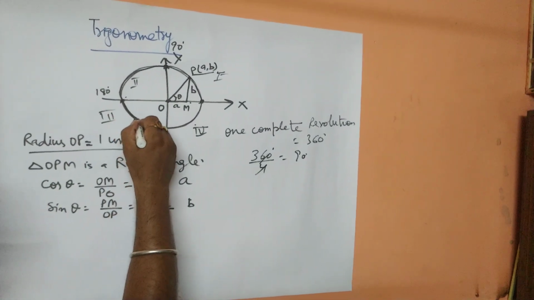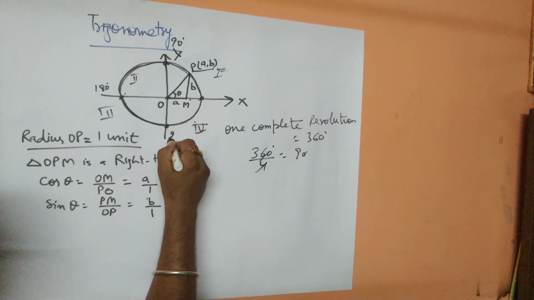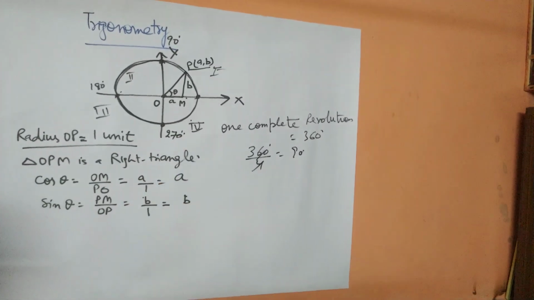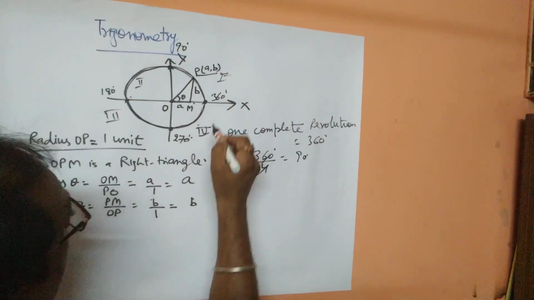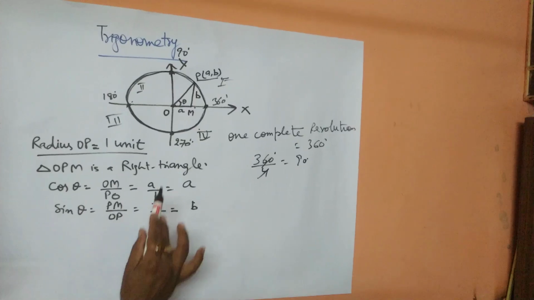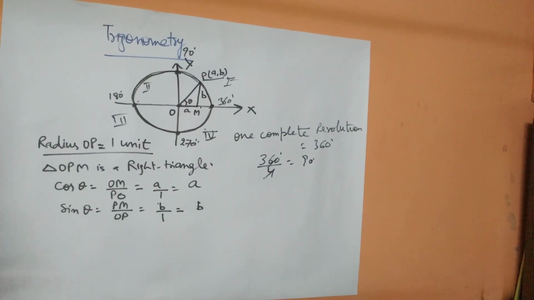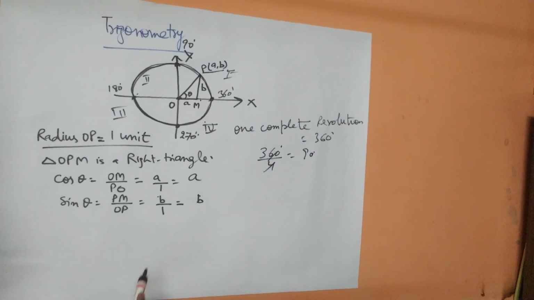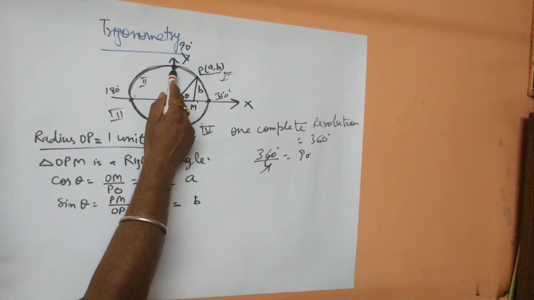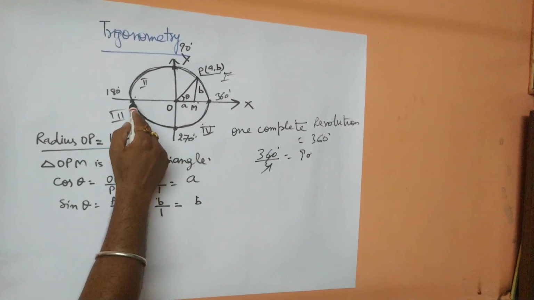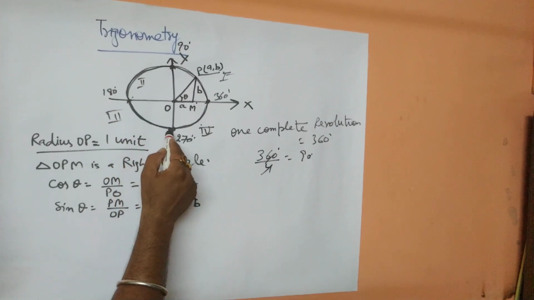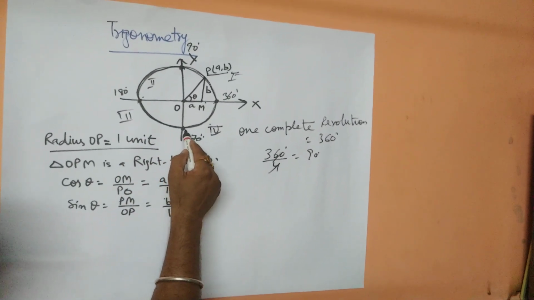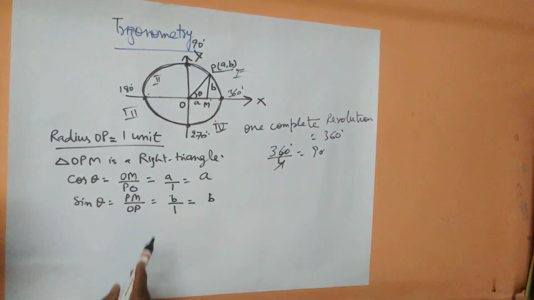From 180 degrees to 270 degrees, this is the third quadrant, and from 270 degrees to 360 degrees, this is the fourth quadrant. So every quadrant contains an angle of 90 degrees: up to 90 degrees in the first quadrant, more than 90 and up to 180 in the second quadrant, more than 180 and up to 270 in the third quadrant, more than 270 and up to 360 in the fourth quadrant.